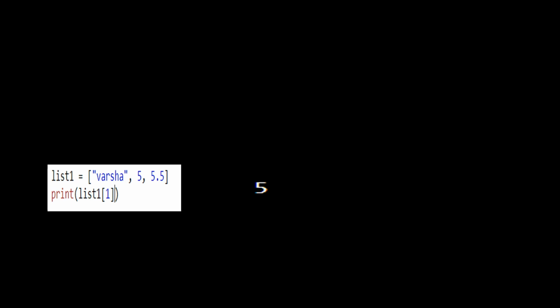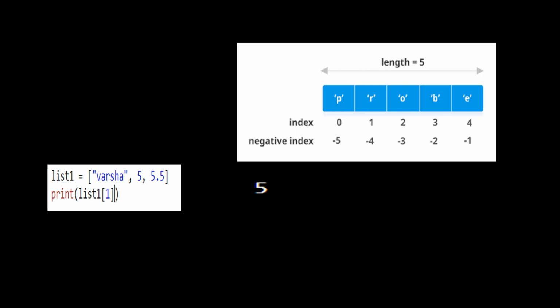Moving ahead, let's understand what negative indexing is. For that, I will take one more example. Say I have the string "probe". Normal indexing starts from 0 and it starts from the first value, that is P, the first character in the string. Whereas negative indexing starts from -1 and starts from the last value, that is E. So it is starting from the opposite direction.